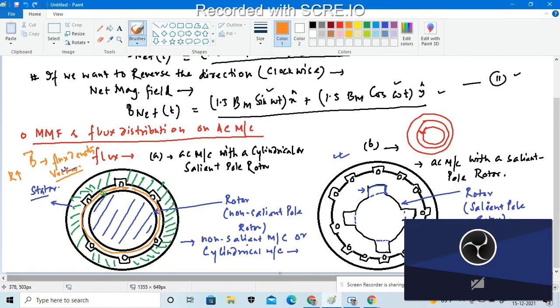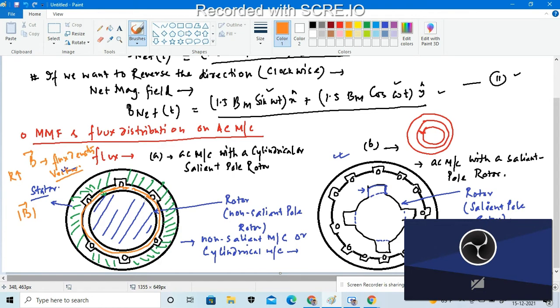Another, we have two quantities that we measure, the flux density vectors, and we also have the concern of a sinusoidal voltage. So for the production of the sinusoidal voltage in a machine, the magnitude of the flux density vector will vary according to a sinusoidal pattern along the surface of the air gap.